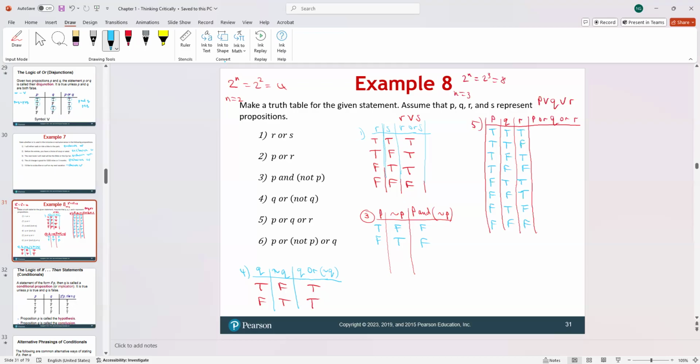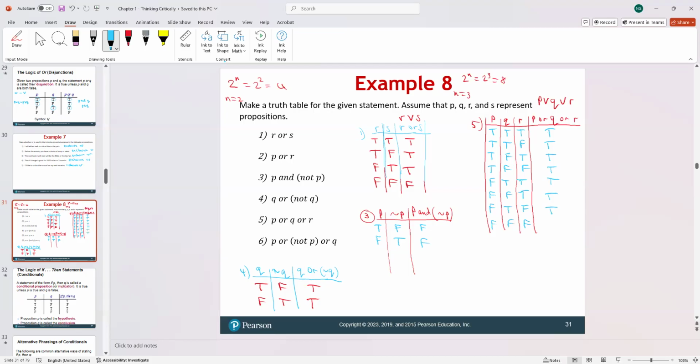So if you count from the second row to the last one, it gives you 8 in total. Now, we said at least one of them must be true in order for the or to be true. So we know this one would be true, true, true, true, true, true, true.